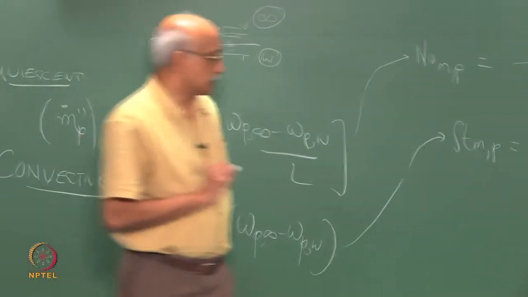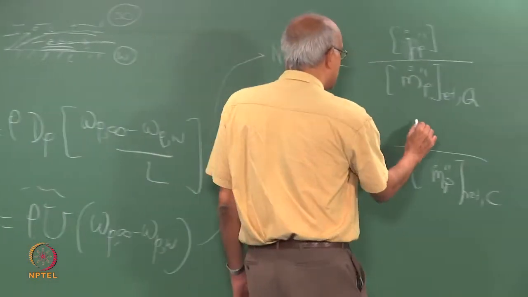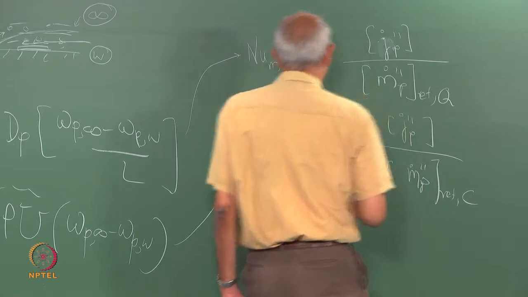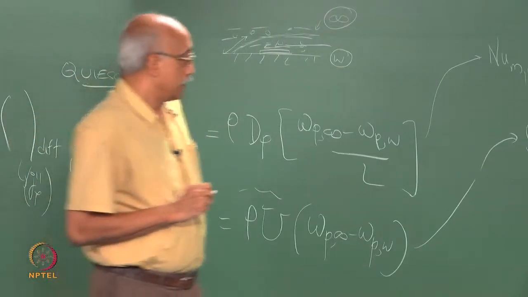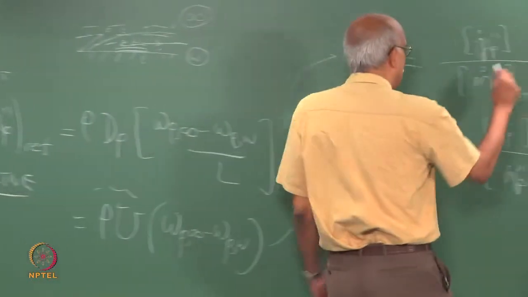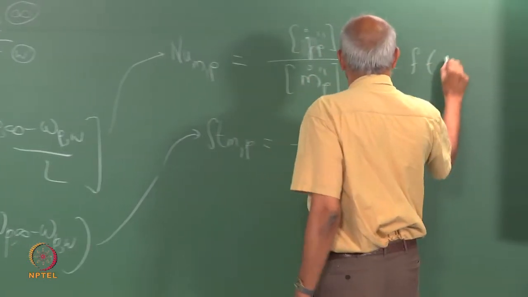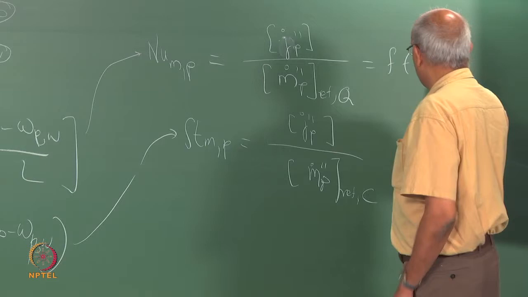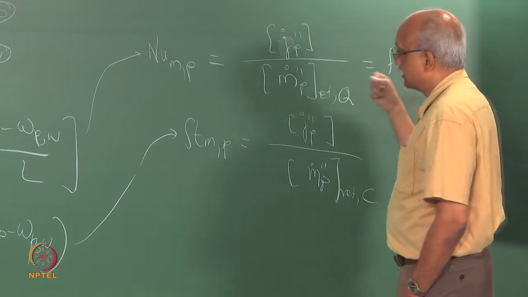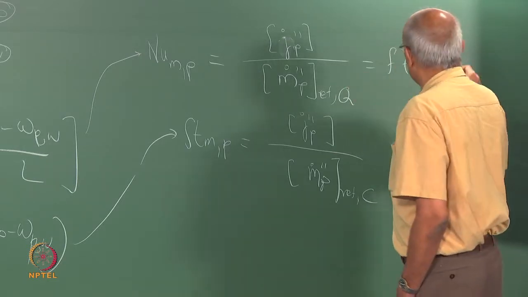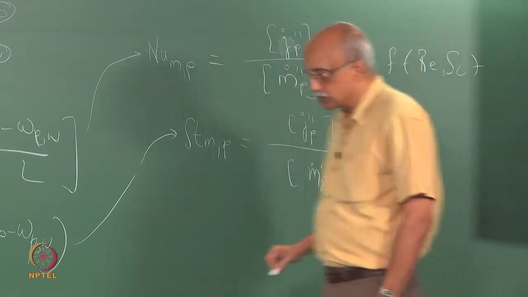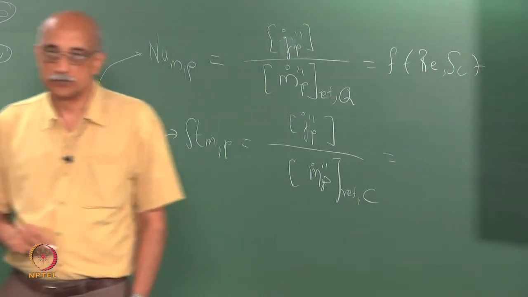But again, interestingly, the numerator is still the diffusive part. Now, both these numbers are functions of flow properties such as Reynolds number, and for mass transfer, they are also functions of Schmidt number.